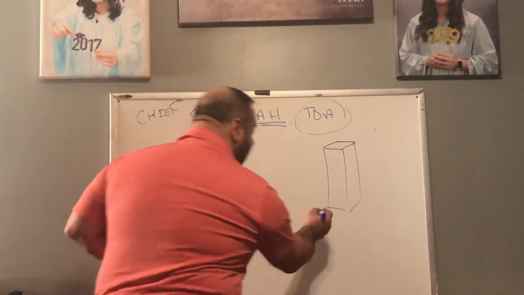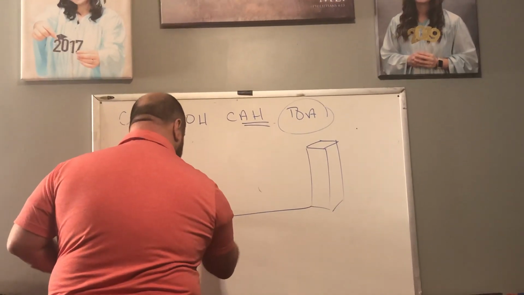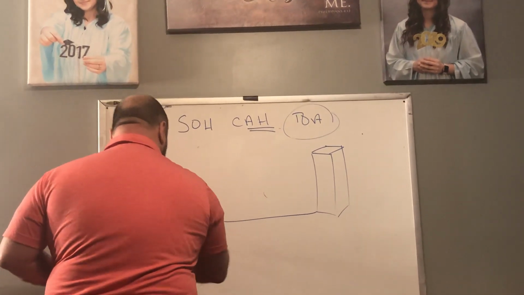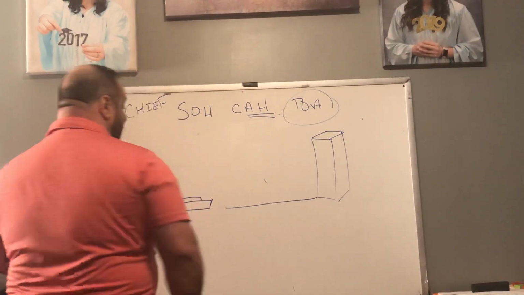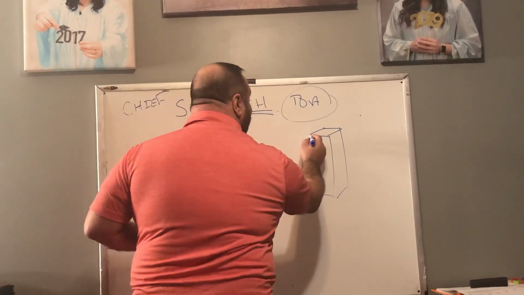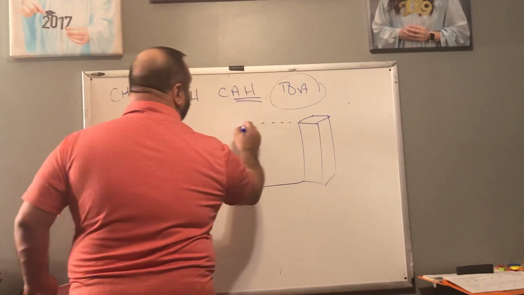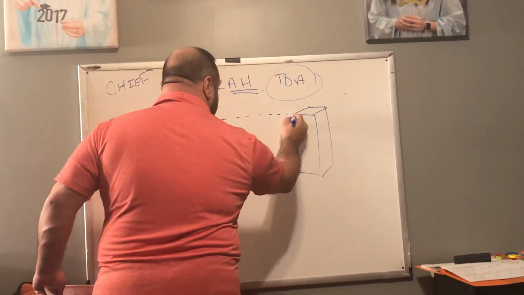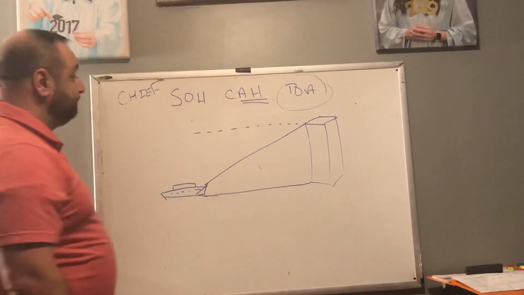So let's draw a line to a ship. All right, there's our ship here. Now, the angle of elevation. So again, if this is our horizontal here, here is the angle formed.